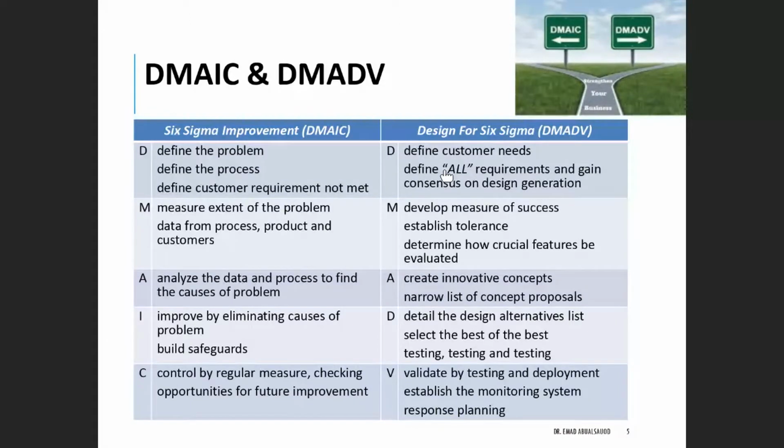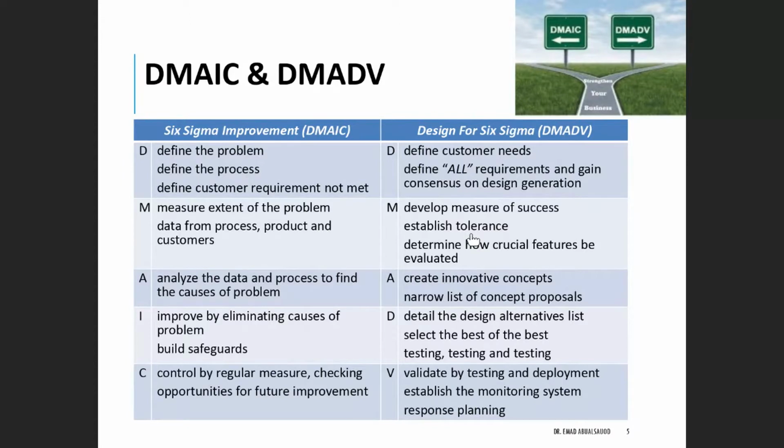In the measure phase, you collect the problem data from process, product, and customers. And in the design for Six Sigma, you develop a measure of success and establish tolerance. This is very important.